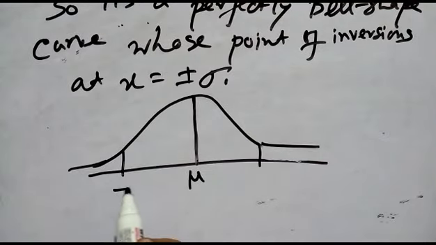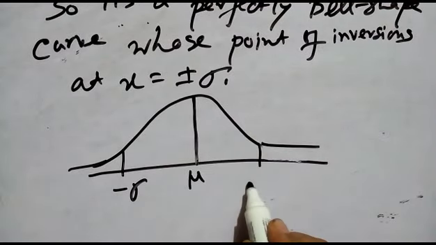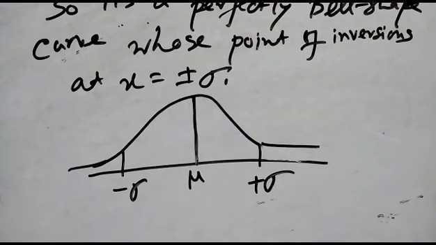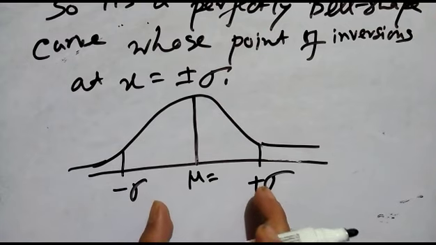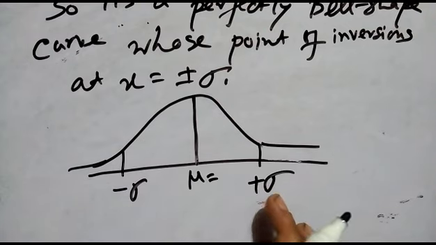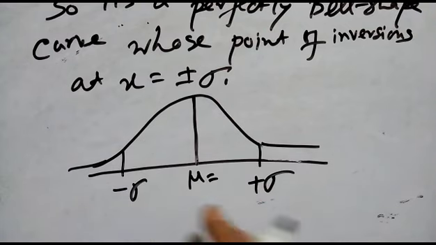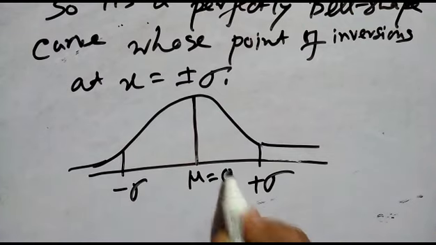If we consider this as minus sigma and this as plus sigma, then mu is always the average of these values, that means plus sigma plus minus sigma by 2, so mu equals 0.